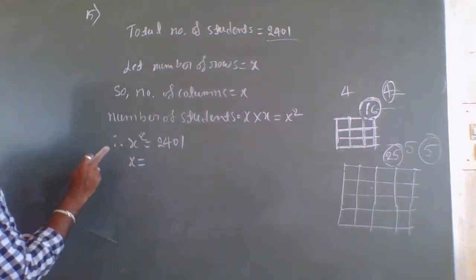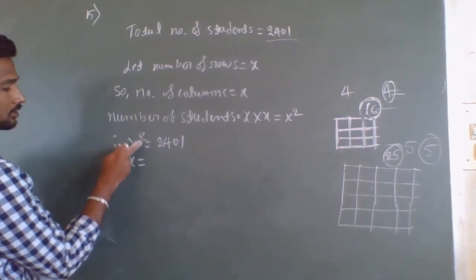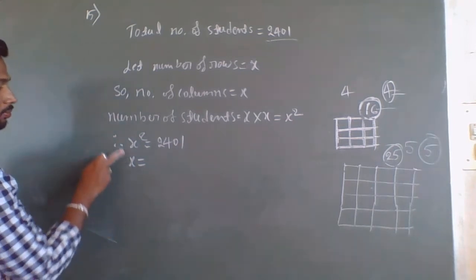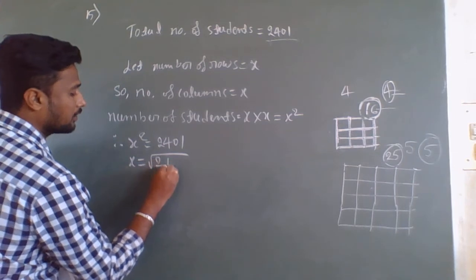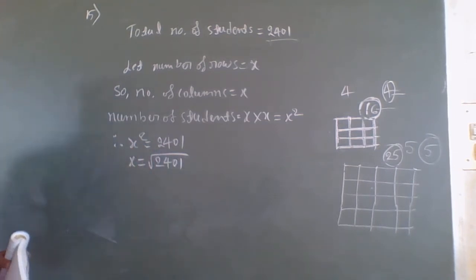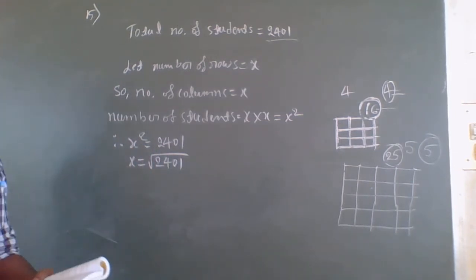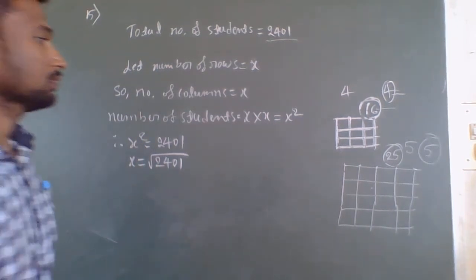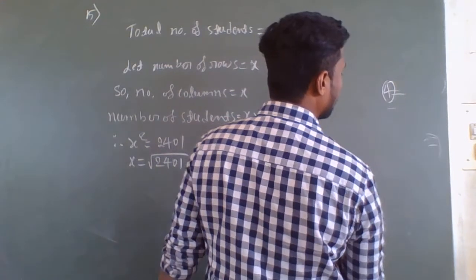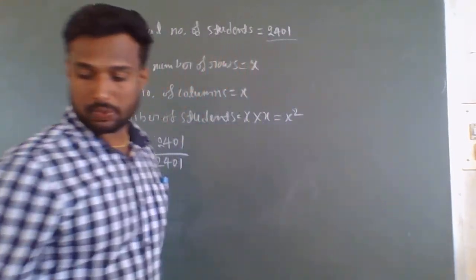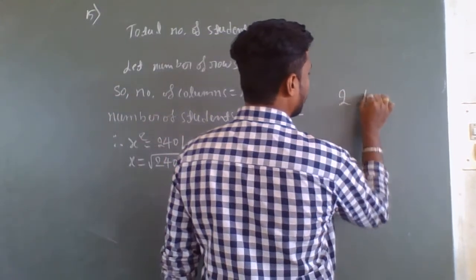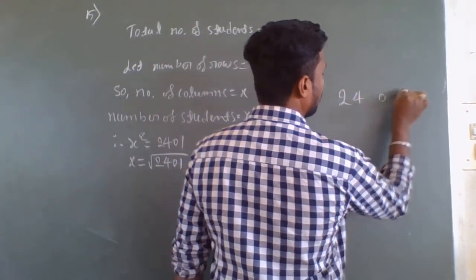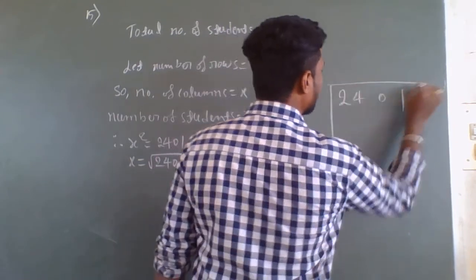When we consider x only, we have x square value 2401, but to get only the x value, we should calculate the square root of 2401, so that we get the number of rows. I will find the square root of 2401 by using the division method.